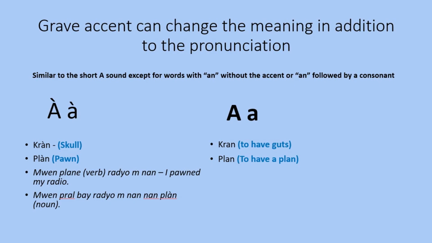So planer. So as an American, if you read it, you're like, oh, that's an airplane. No, it's not. It means to pawn something, okay? Moi planer, verb, right? Radiumna. I pawned my radio. But if I want to say I'm taking my radio to the pawn shop, then I don't use planer. I use plan because plan is the place, right?